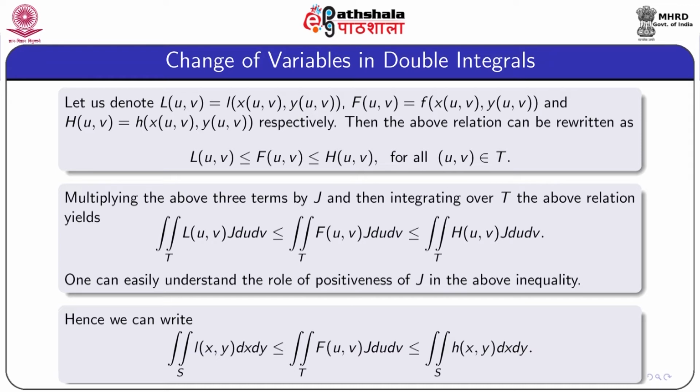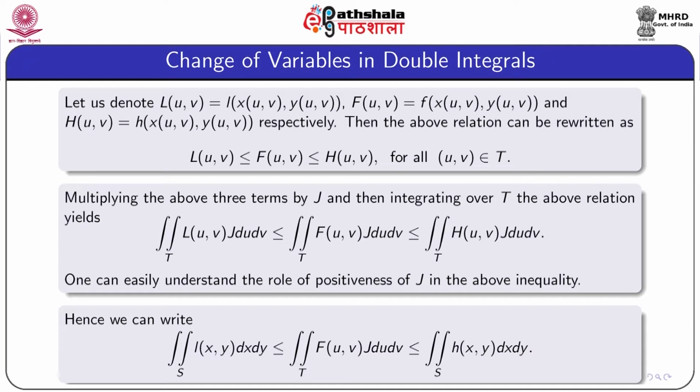We denote L(u,v) = l(x(u,v), y(u,v)), F(u,v) = f(x(u,v), y(u,v)), and similarly H(u,v) = h(x(u,v), y(u,v)). Then from the above relation we write L(u,v) ≤ F(u,v) ≤ H(u,v) for every (u,v) in T.